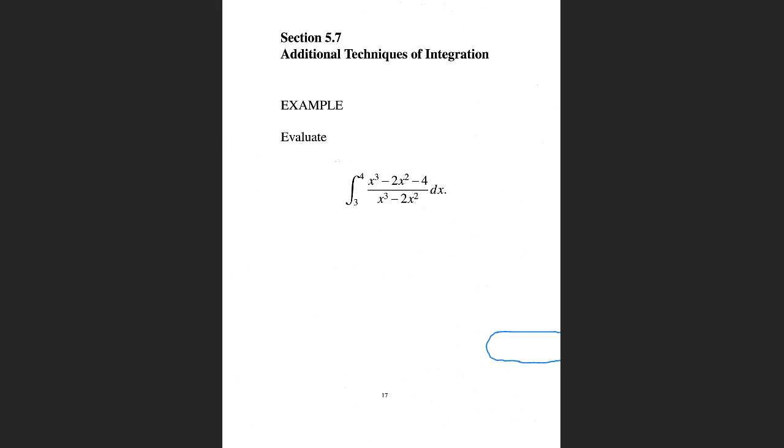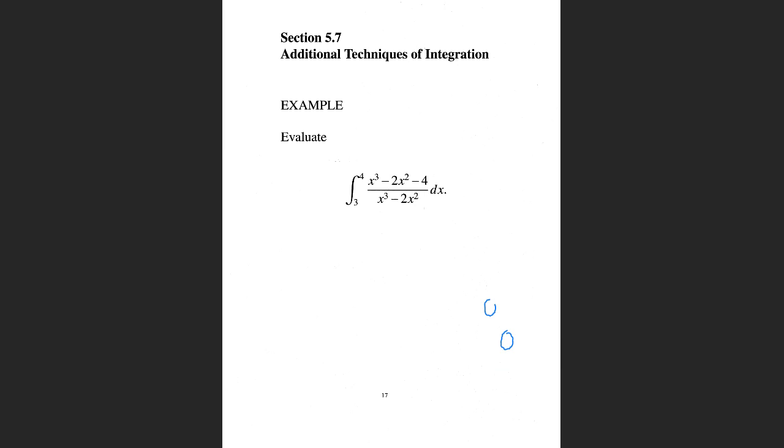But before we do this, normally what we would do is factor the denominator and write out the partial fraction expansion. But in this problem, notice that the numerator and denominator have the same degree. Those polynomials have the same degree.